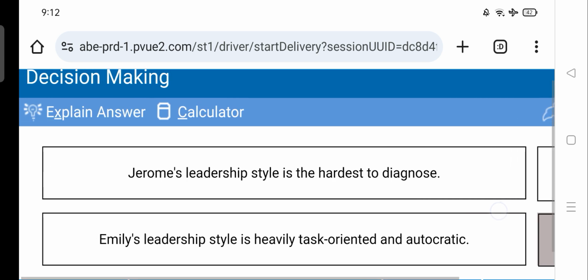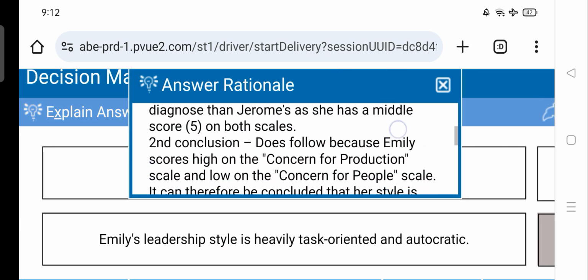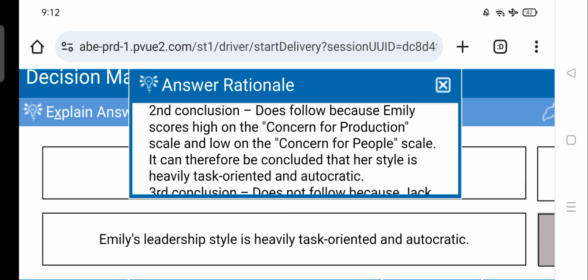Second conclusion says Emily's leadership style is heavily task oriented and autocratic. It does follow because Emily scores high on the concern for production scale and low on the concern for people scale.